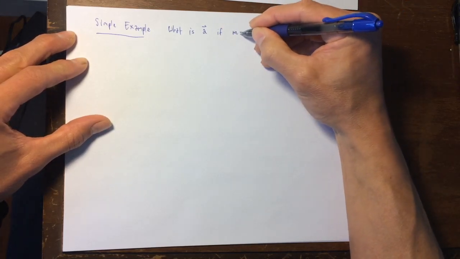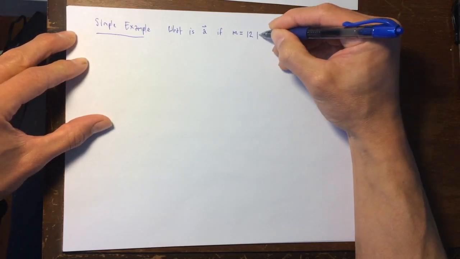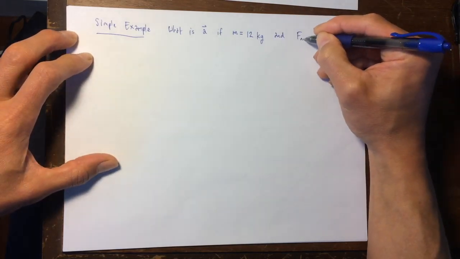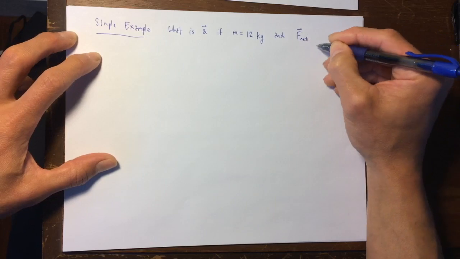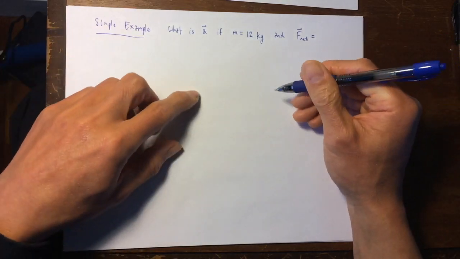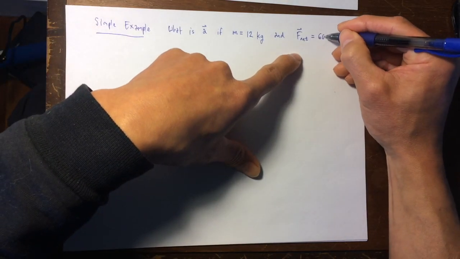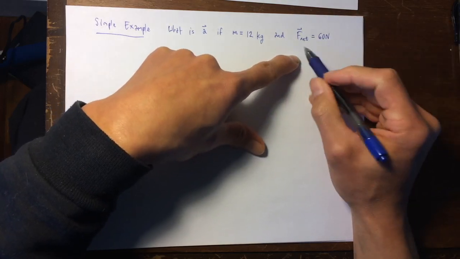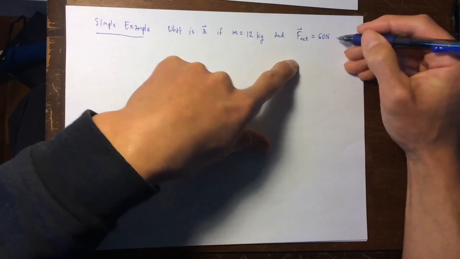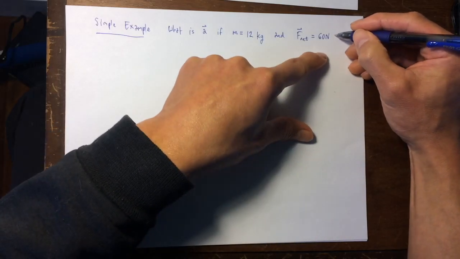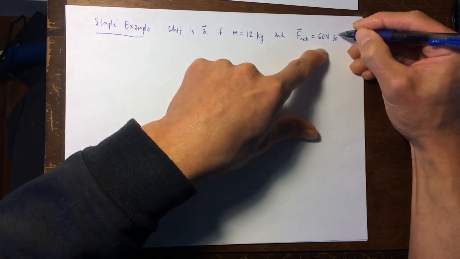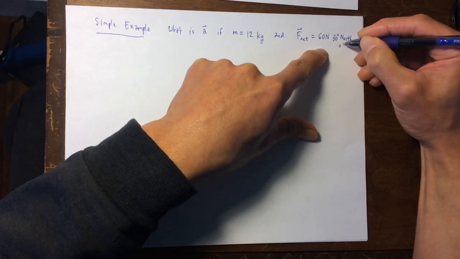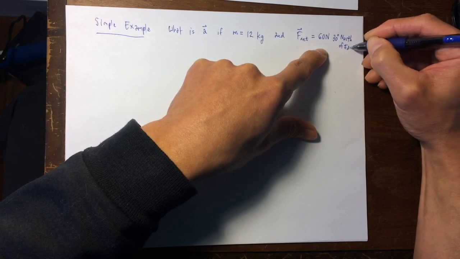So in this example, I'm going to ask, what is the acceleration of an object if the object's mass is 12 kilograms and the net force on the object is equal to 60 newtons? This is the magnitude of the force, but this is a force vector, so I'm going to include also that it is at 30 degrees north of east.